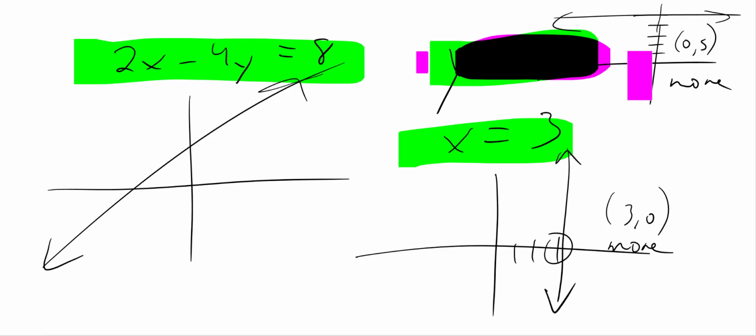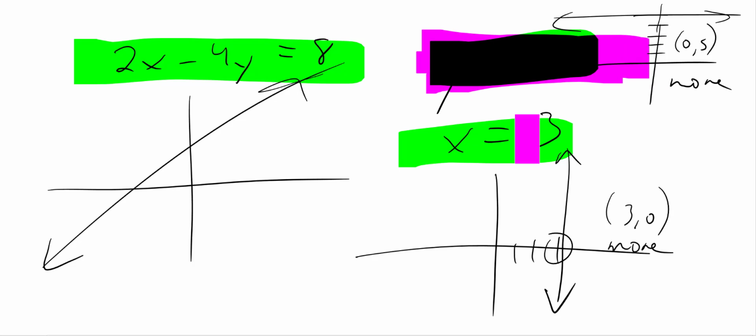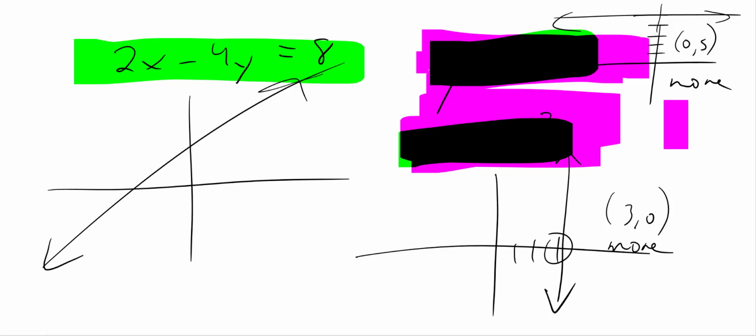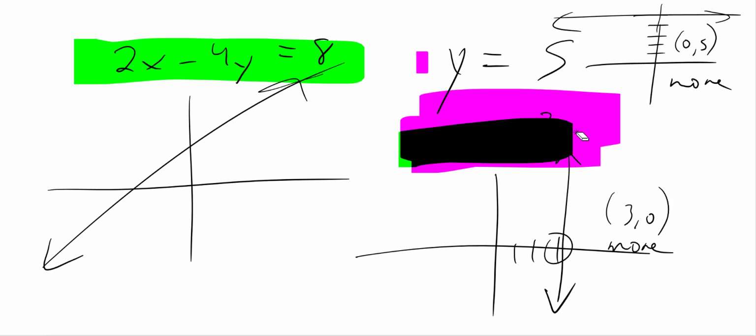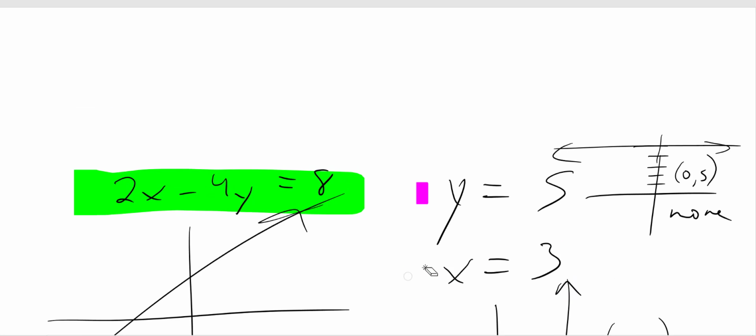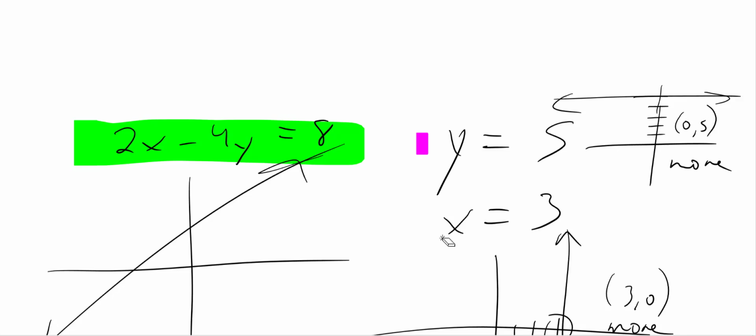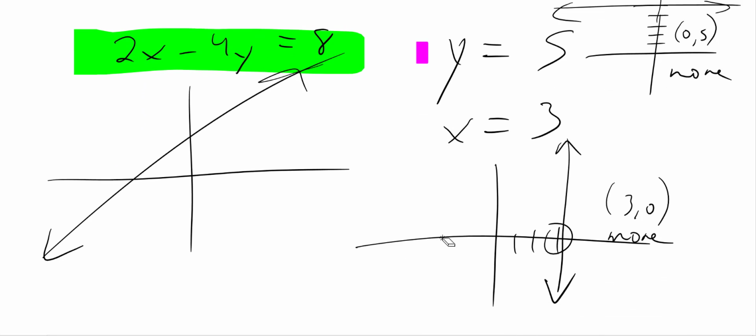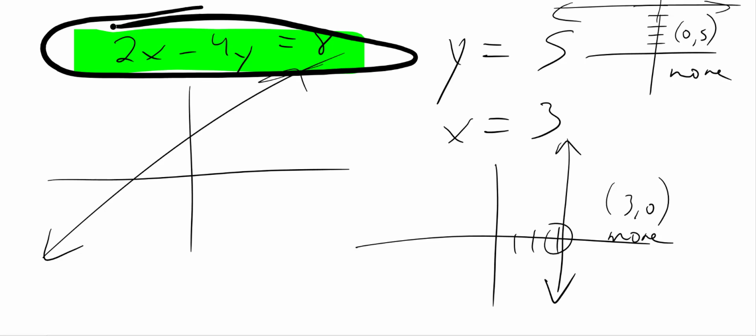If you're sketching those, you want to draw your horizontal vertical line. It helps you with y-intercept. But otherwise, for these guys, you can use your x and y intercept to sketch them.